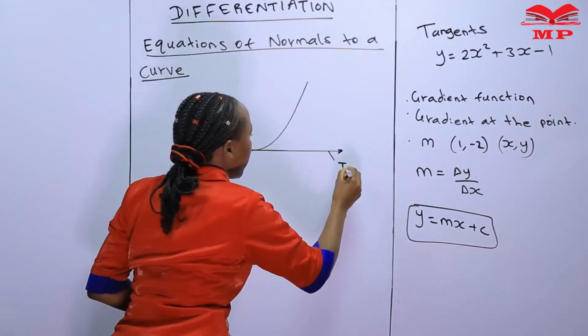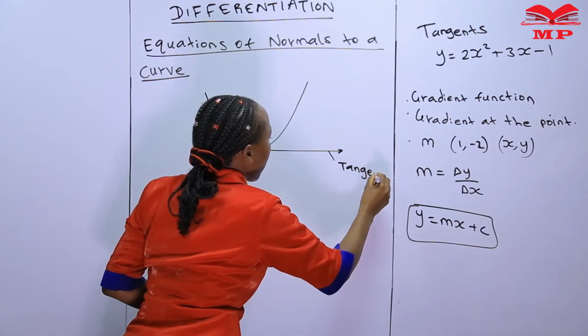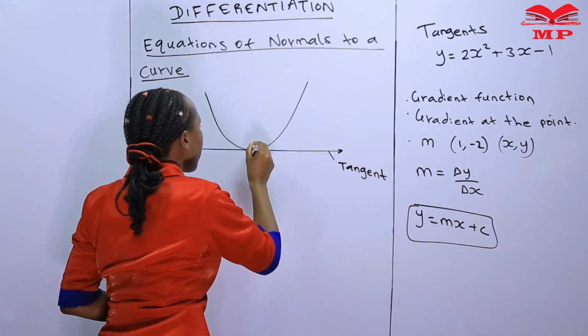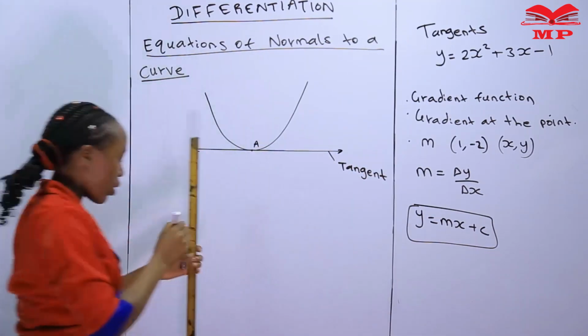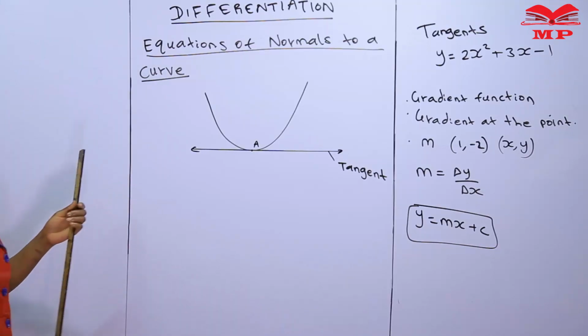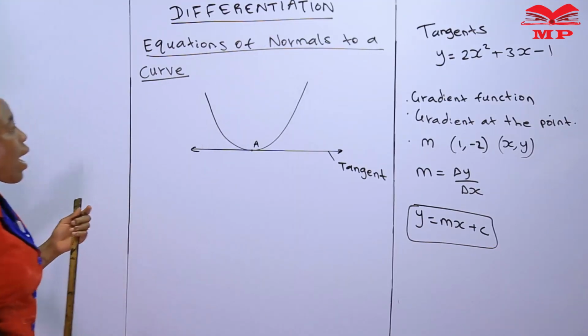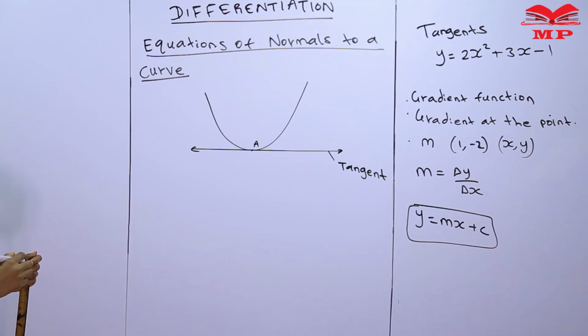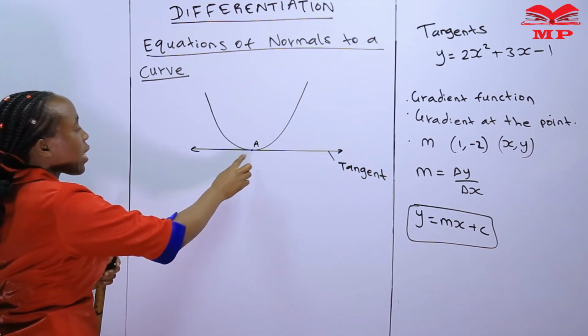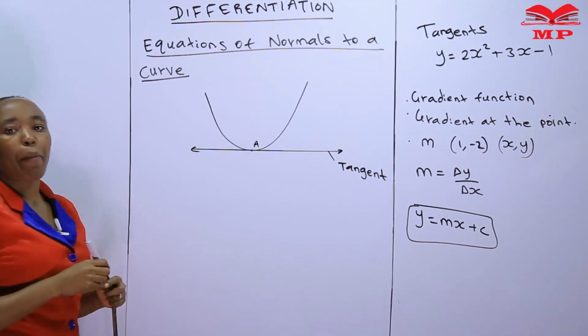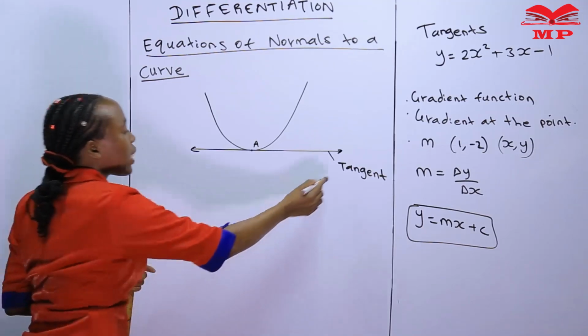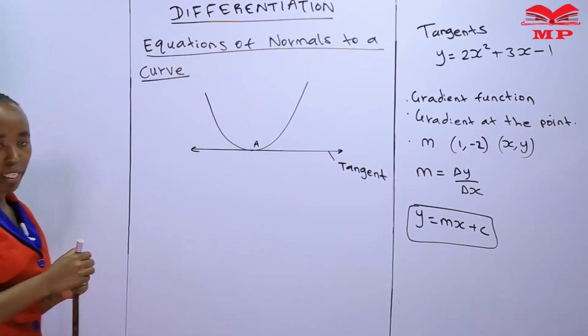We can call this point A. At point A, a normal is a line passing through the given point and perpendicular to the tangent at that point.